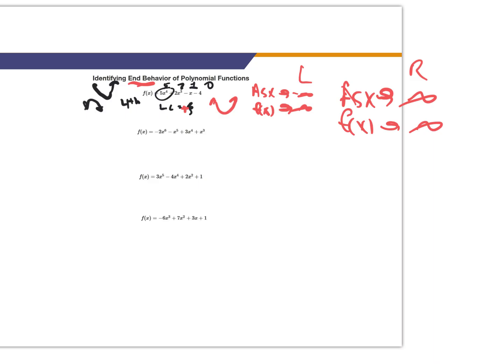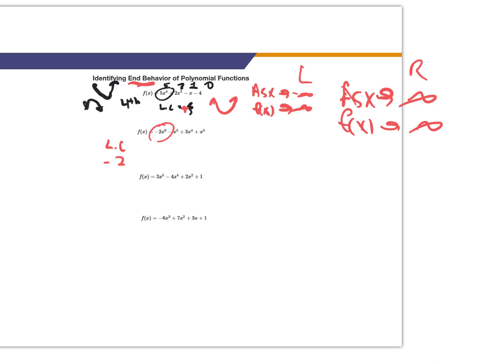Next one. F of x is negative 2x to the 6th. Oh, look at the powers. That one's in general form. Beautiful. I just care about this one. I know that the leading coefficient is a negative 2. That's important.